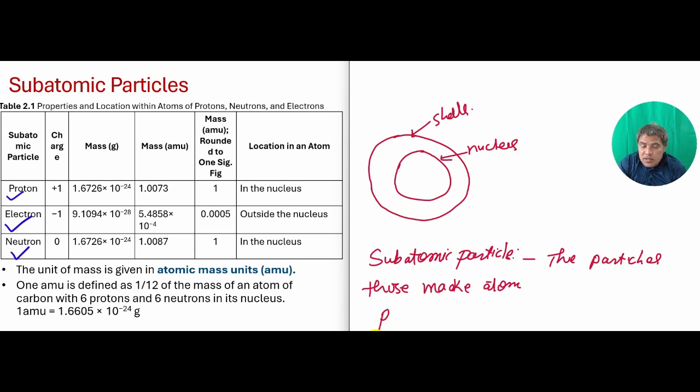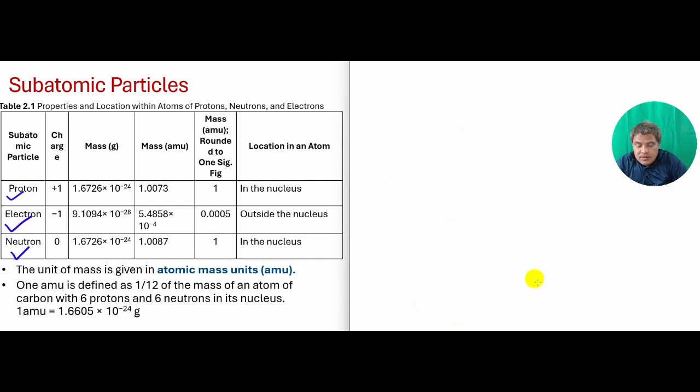Proton symbol is P, neutron symbol is N, electron symbol is e, generally e minus. They have a charge. Proton attracts electron, that's why we think of the electron as negatively charged and the proton as positively charged.